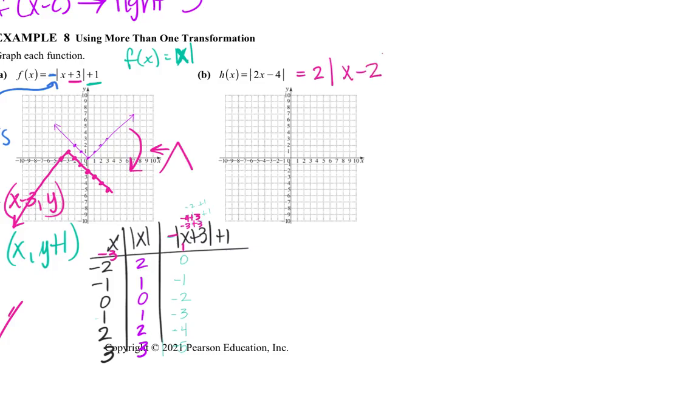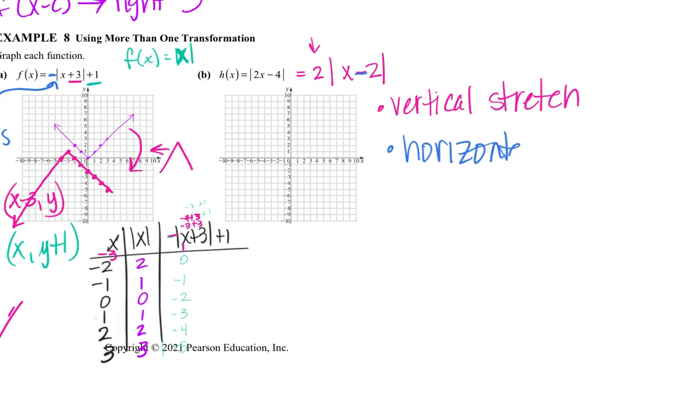So now I've got a 2 out front, which tells me that's going to be a vertical stretch. So my y values are going to get bigger. And then I'm subtracting 2 from all my x values, so this is a horizontal shift to the right.